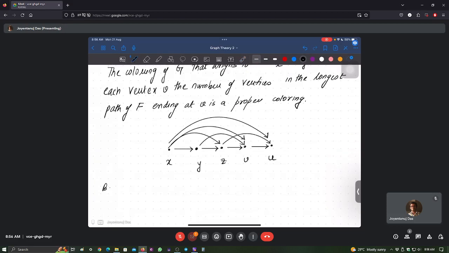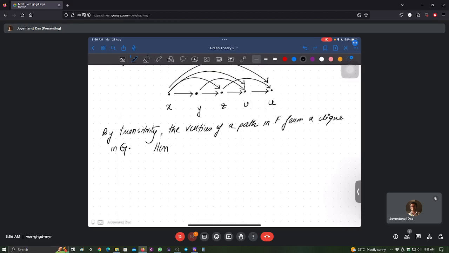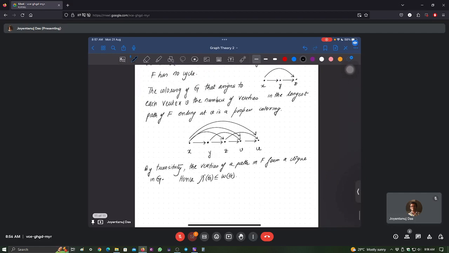By transitivity, the vertices of a path in F form a clique in G. So hence the chromatic number is less than or equal to the clique number, because that is the largest size of the clique possible in the graph, right?